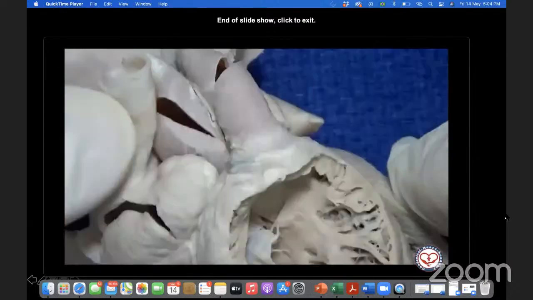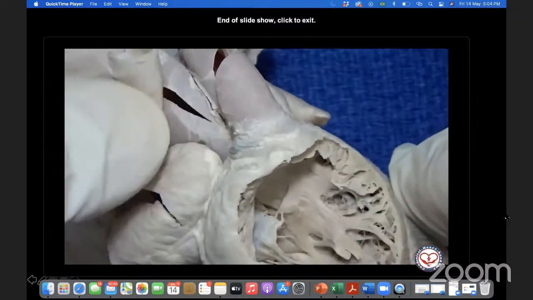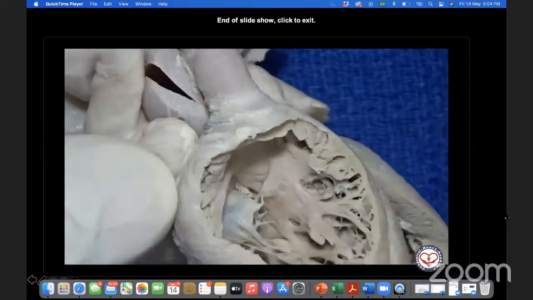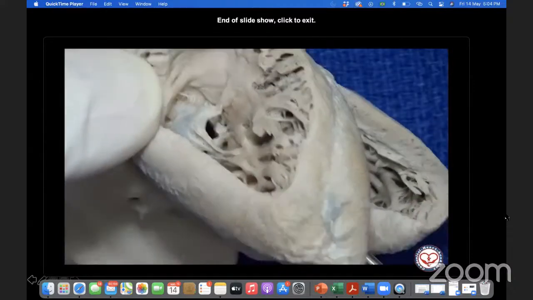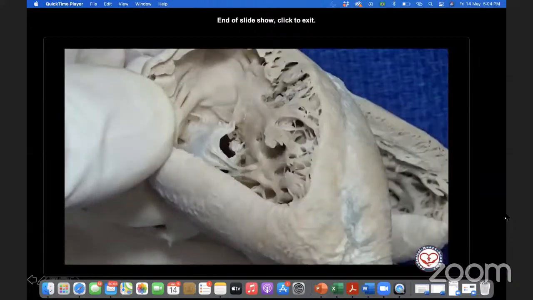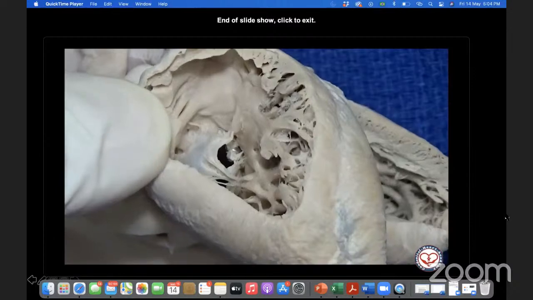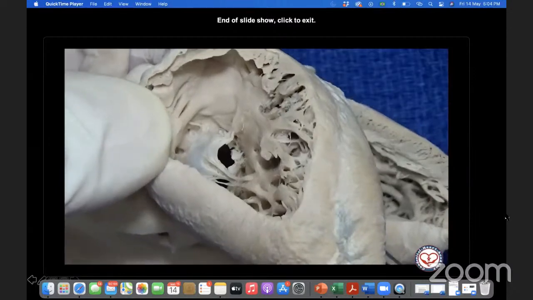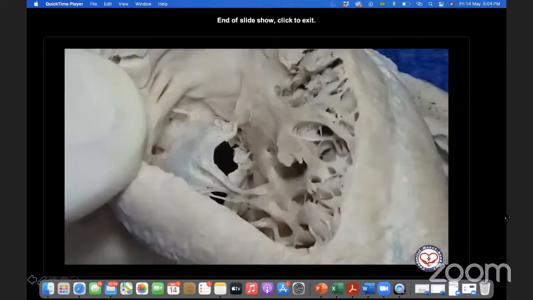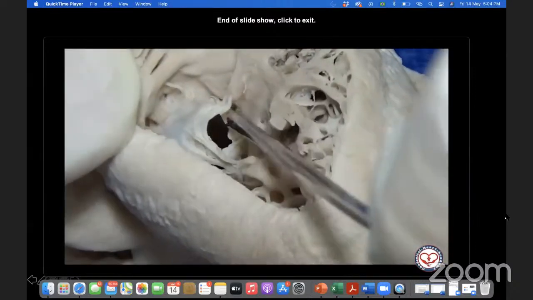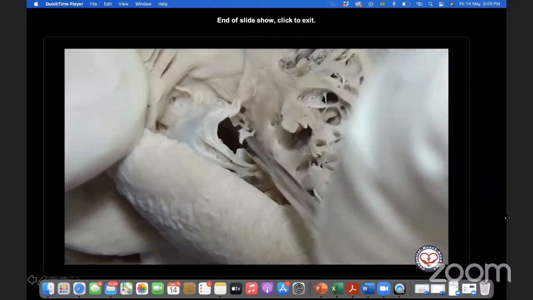This specimen with transposition has the aorta anterior and to the left of the pulmonary trunk. The right ventricle has been windowed, and there is a tiny central perimembranous ventricular septal defect that's very difficult to see. I placed my probe in the defect from the left side, and it is just beneath the zone of apposition between the septal and anterior superior leaflets of the tricuspid valve.